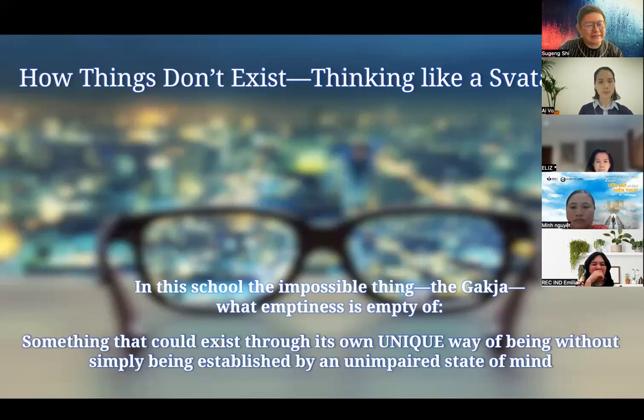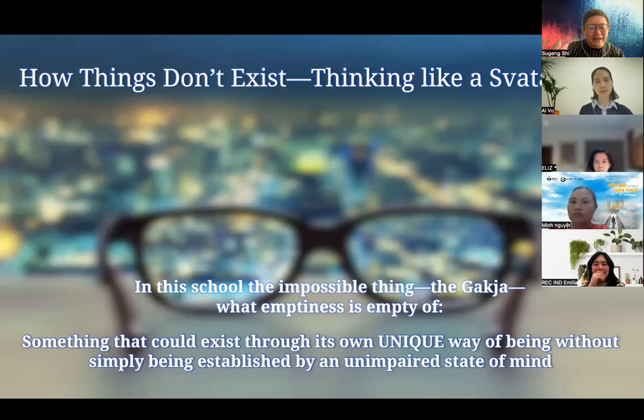So Emil, what is the emptiness of these Svatantrika people? What is the emptiness of this independent branch? It is the absence of the Gakcha, meaning it is the absence of the thing, of the object.